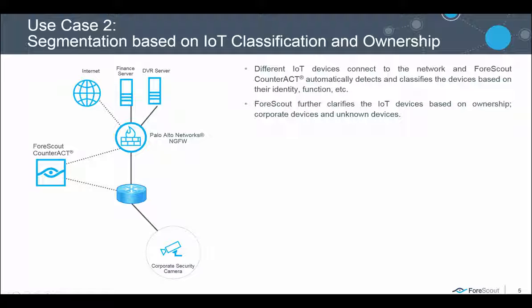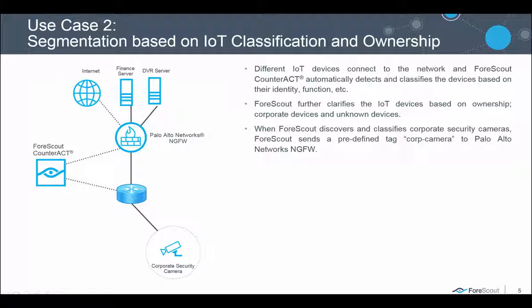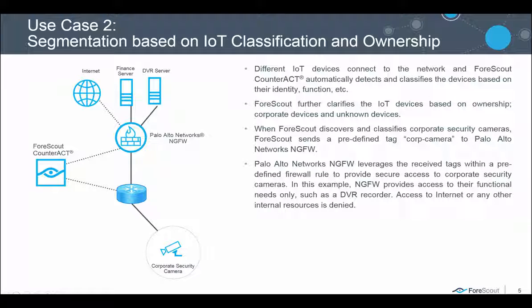In this example, when ForeScout detects corporate security cameras on the network, ForeScout sends a predefined tag, Corp Camera, to the Next-Gen Firewall. The Next-Gen Firewall leverages the received tags within a predefined firewall rule to provide secure access to corporate security cameras. In this example, the Next-Gen Firewall provides access to their functional needs only, such as the DVR recorder.